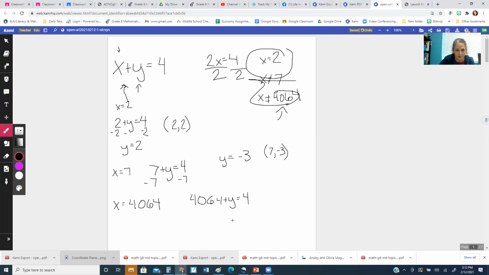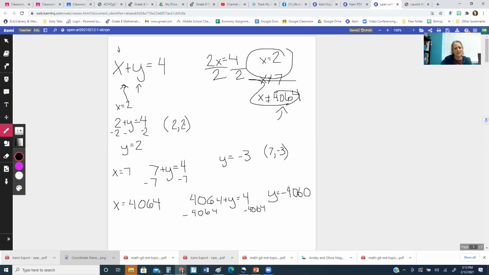All right. Can I solve for y? I can solve for y. Subtract 4,064. I'm having some big number regret here, but that's okay. And I end up with y equals negative 4,060. Can y be negative 4,060?